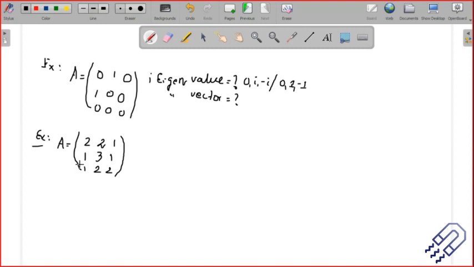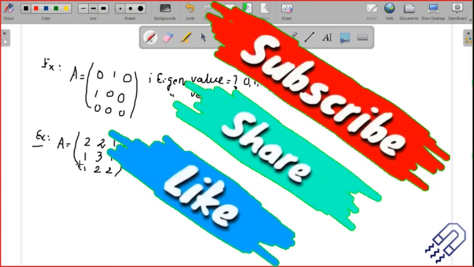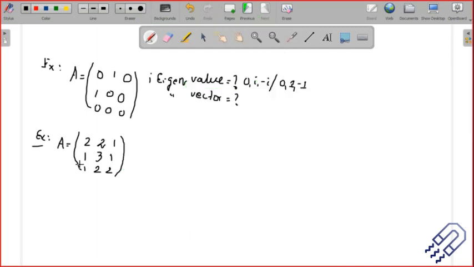To normalize, for lambda equal to 1, it has to be 1 under root 2 times (1, 1, 0). And for lambda equal to -1, it is 1 by root 2, minus 1 by root 2 and 0.